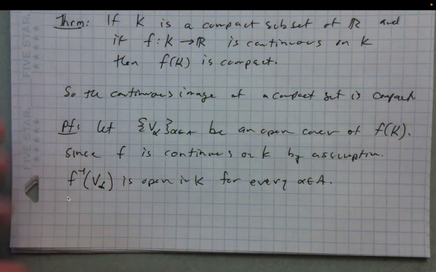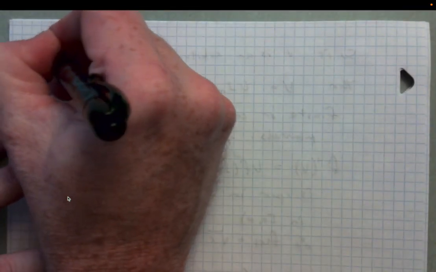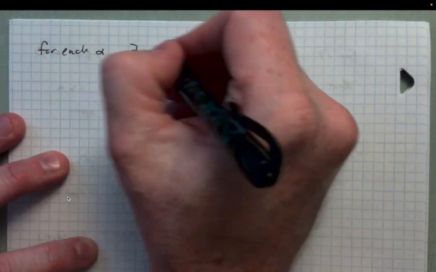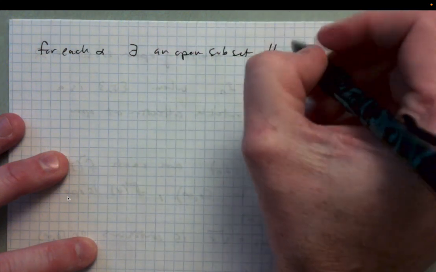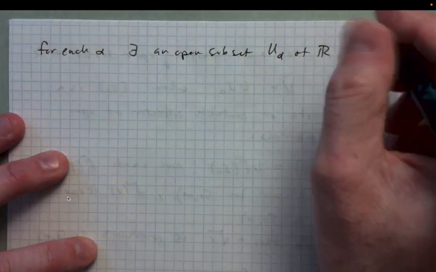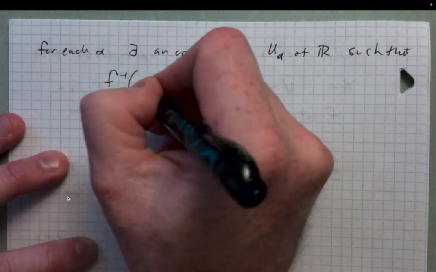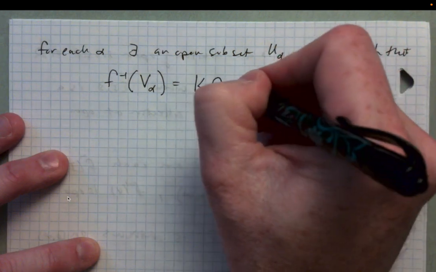All right. So then I'm going to flip pages here. So then for each alpha, there's going to exist an open subset U sub alpha, and this is a subset obviously of real numbers, such that f inverse of V alpha is equal to K intersect U alpha.